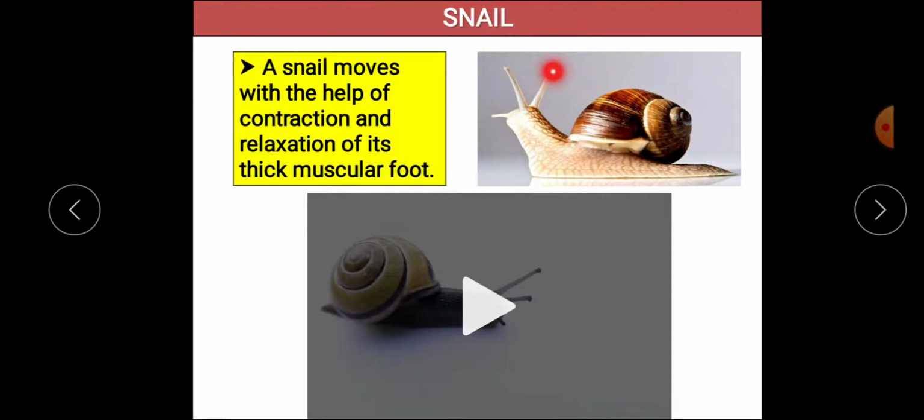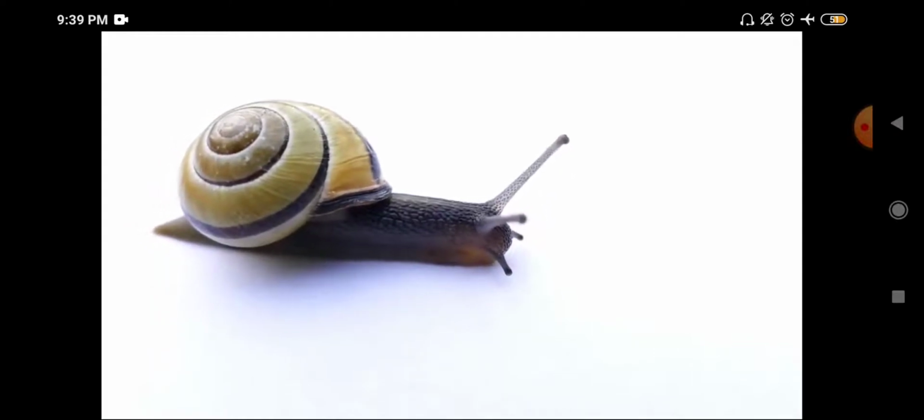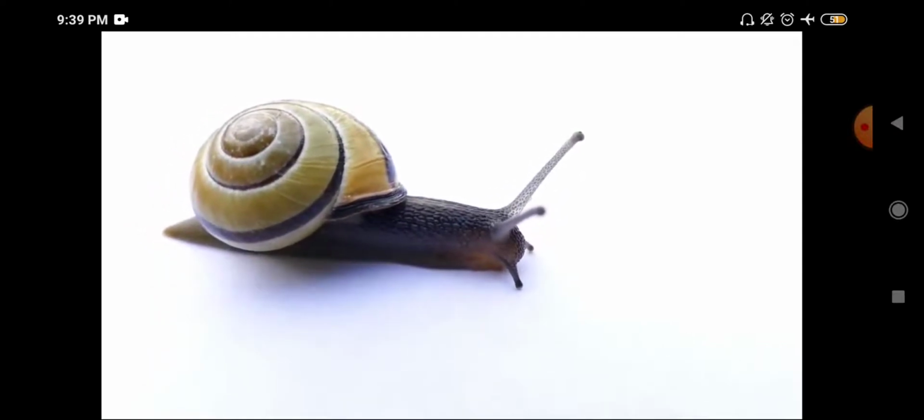These two, and at the bottom also, it has a total of 4 tentacles, and a snail moves by contraction and relaxation of its muscular foot. Let's have a look in the video. Here a snail is slowly moving.